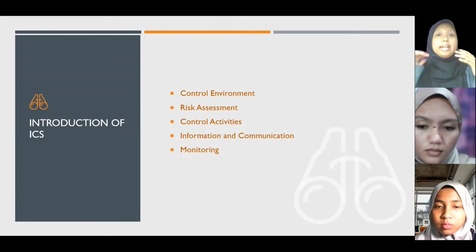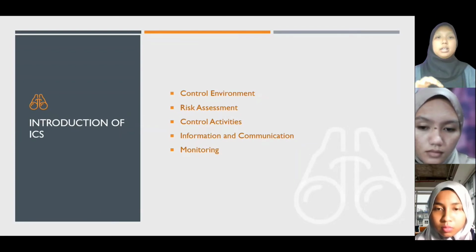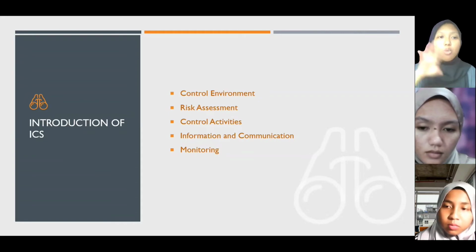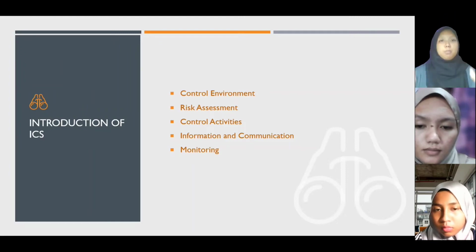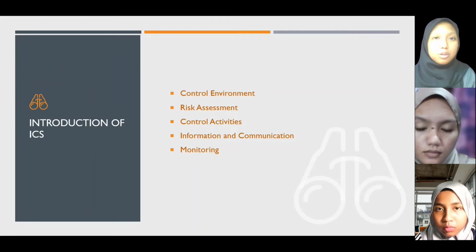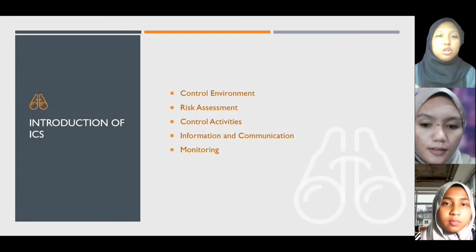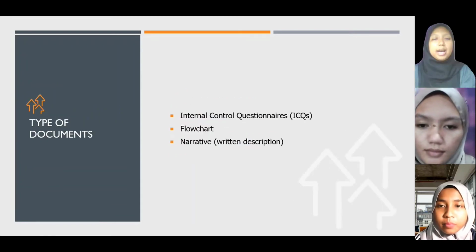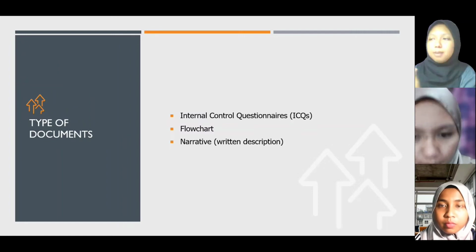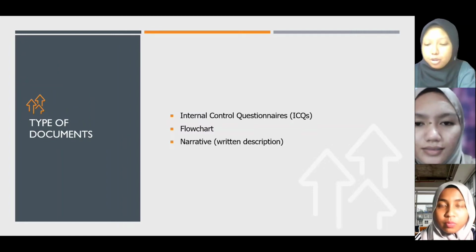But in our case study, we will only choose 4 out of 5 components. I will explain more in the ICEQ later on. The next slide presents the types of documents, which I will pass to Natasha Izzati. Natasha, please present the types of documents.